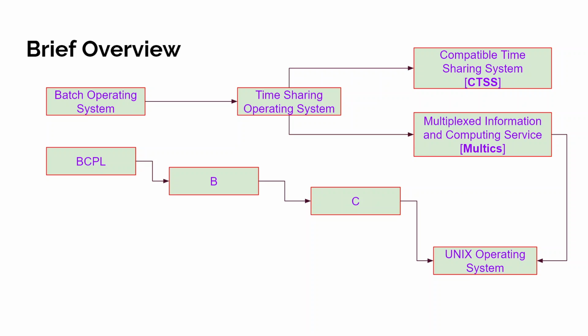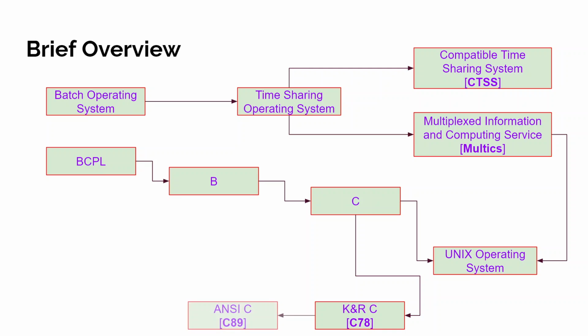There was no standard of the C language back then. To help the community that wanted to try the C language, Dennis Ritchie himself and Brian Kernighan printed a book called K&R C. ANSI C was released in 1989, and in 1990 ISO C was released.